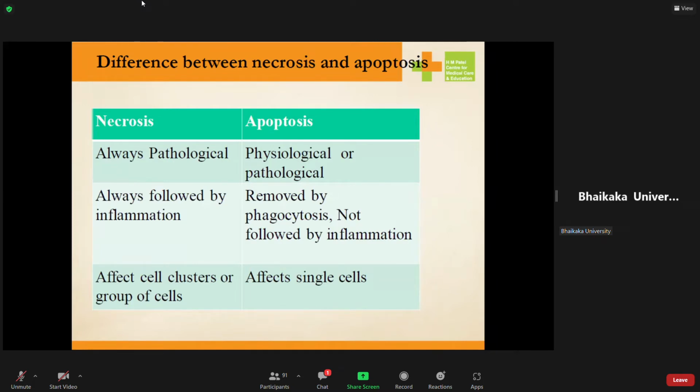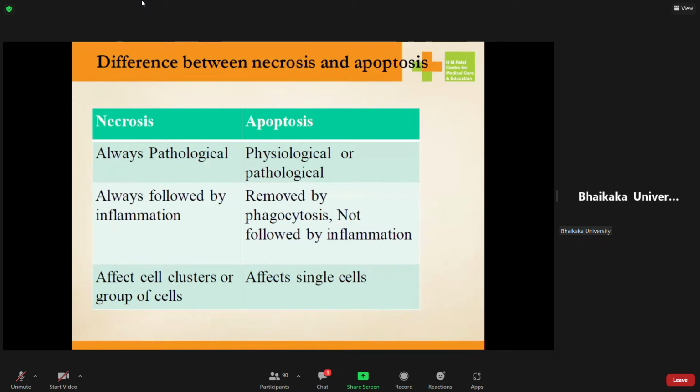Necrosis is always followed by inflammation, while in apoptosis the apoptotic cells are removed by phagocytosis and it is not followed by inflammation. Necrosis affects clusters or groups of cells, while apoptosis affects a single cell. So these are the differences between necrosis and apoptosis.